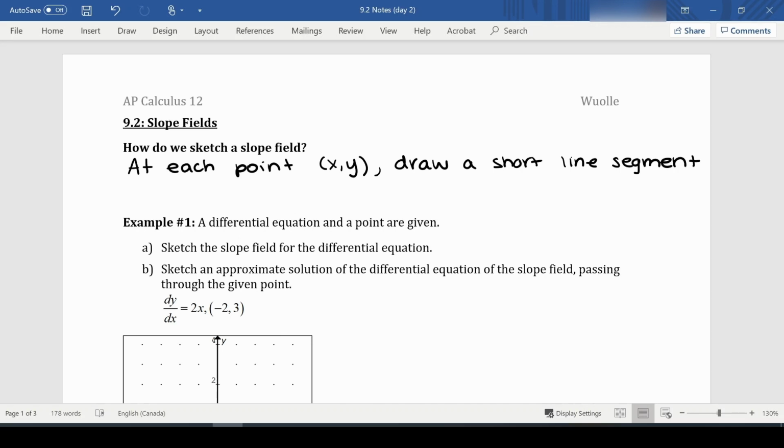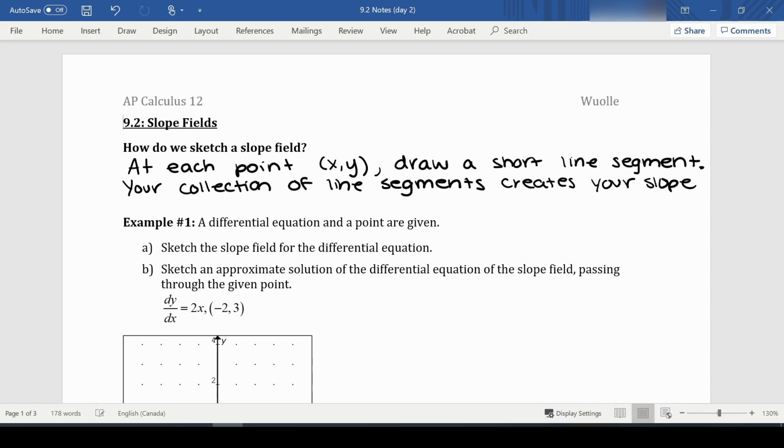It's going to be short, like maybe a centimeter long. Your collection of line segments creates your slope field for a given differential equation.